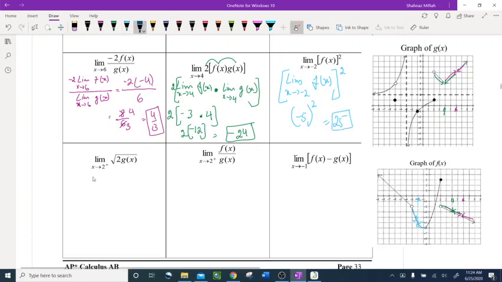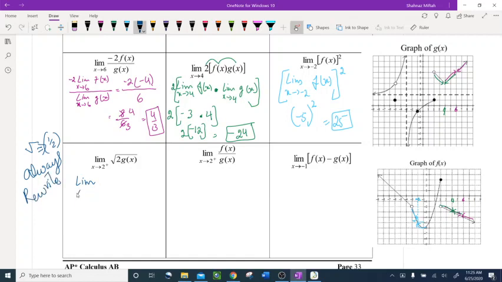Okay, let's do that one. Limit as x approaches 2 from the right of the square root of 2g of x. We know the square root, we can rewrite that. You should always know the square root means to the power of half. Always rewrite the square root questions.